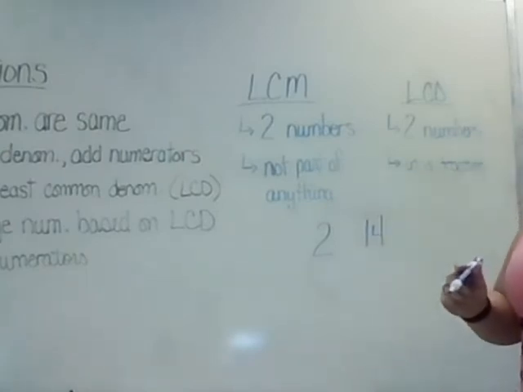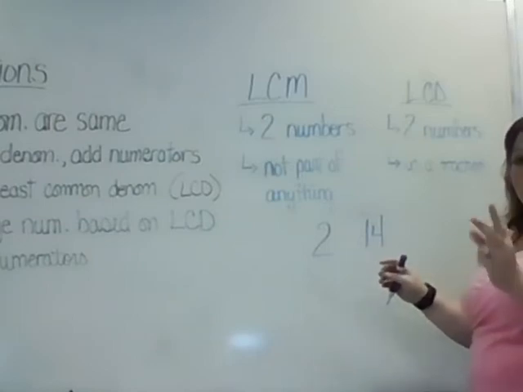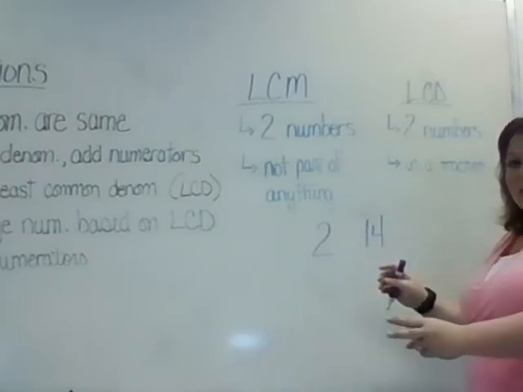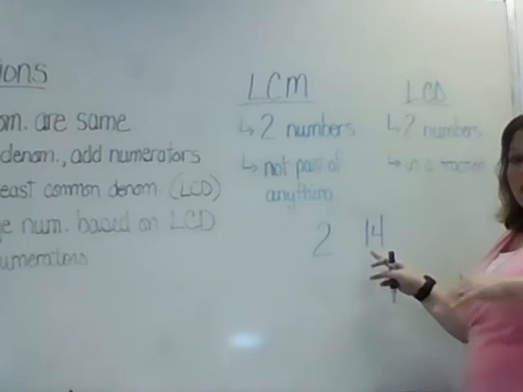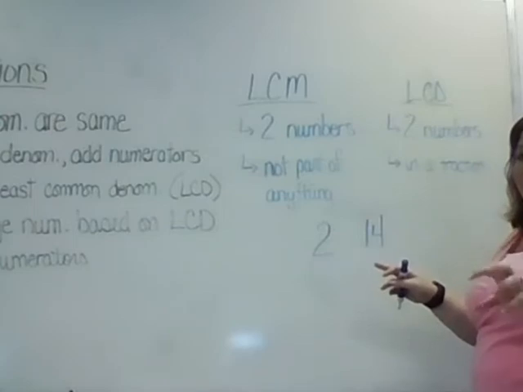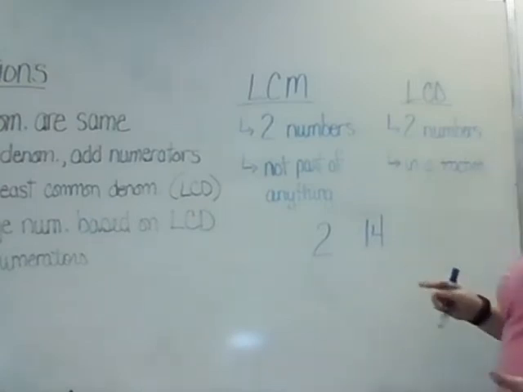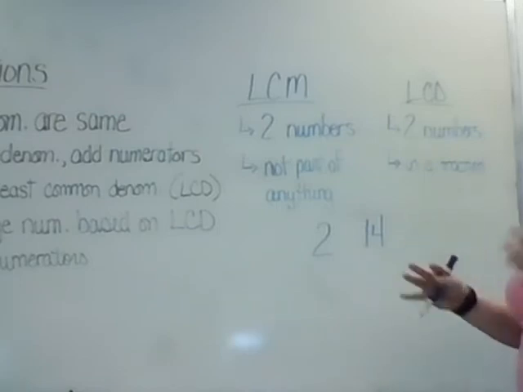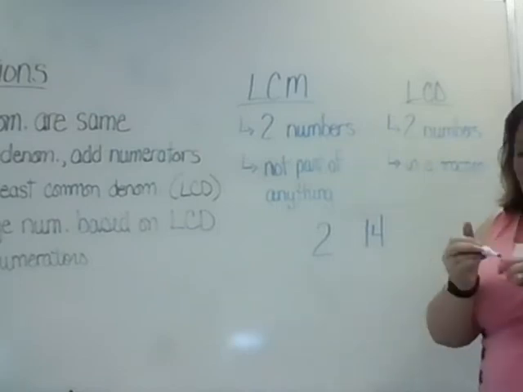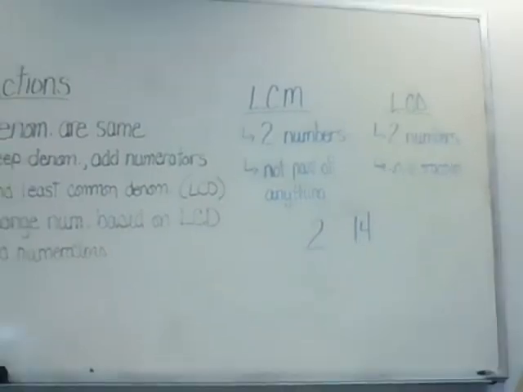Okay, so what we need to do is find one number that 2 can evenly divide into and 14 can evenly divide into. So that means whatever number we find has to be at least 14 or higher. So one trick that's really, really helpful to do this, especially if you're more of a visual learner, I'm going to zoom this out just a little bit so I have a little bit more board space that you could see.